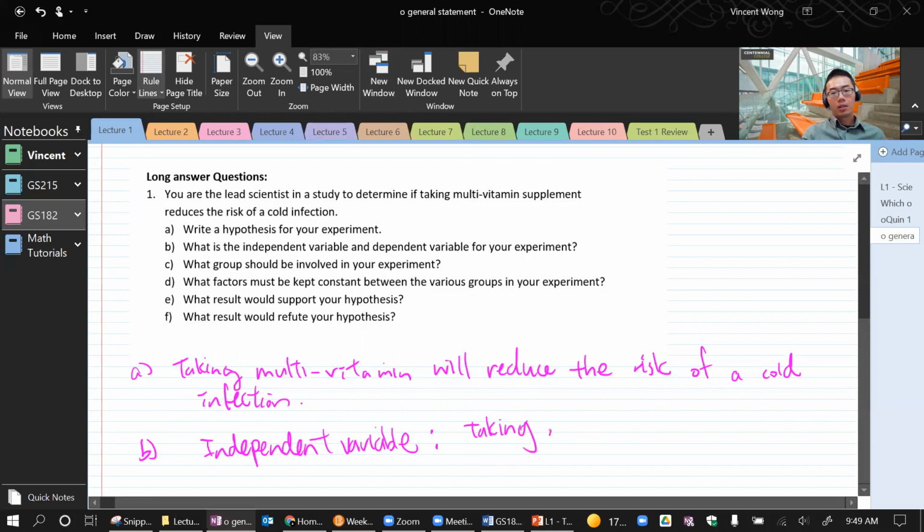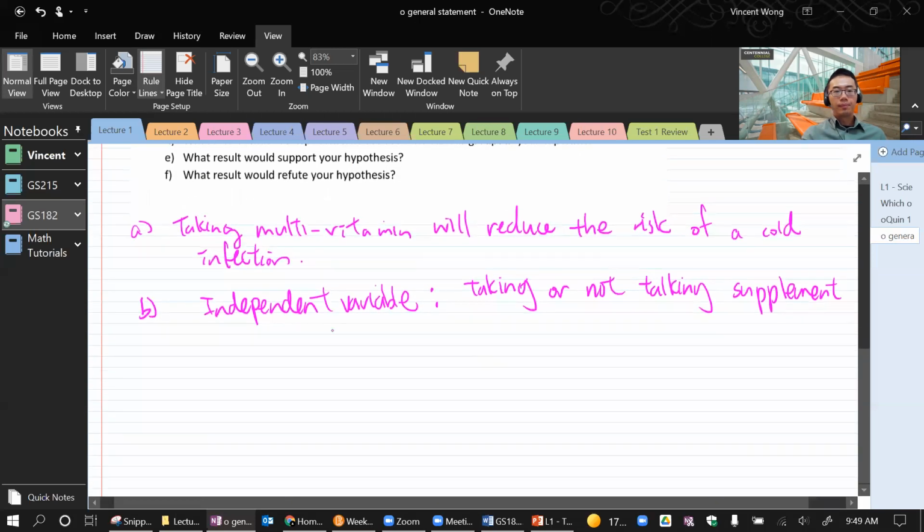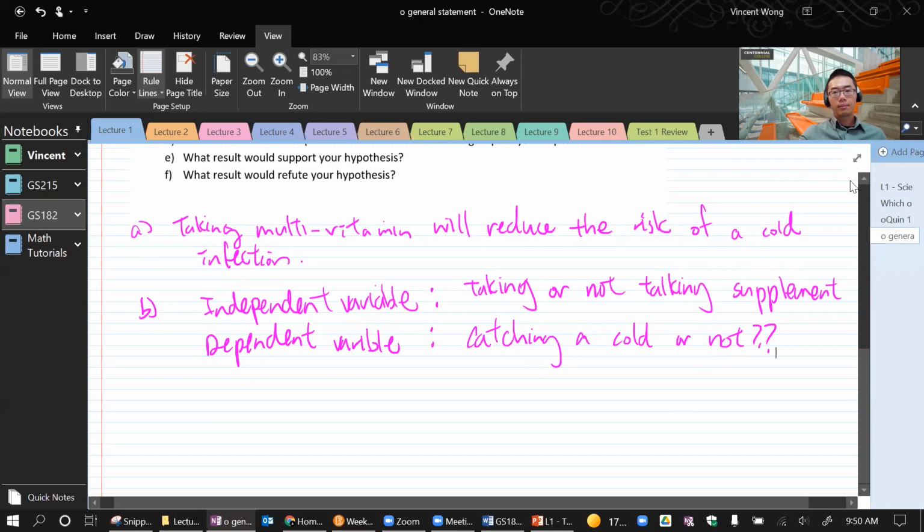So the control group would be not taking, and the experimental group would be taking the vitamins. And then the dependent variable will be catching a cold or not.